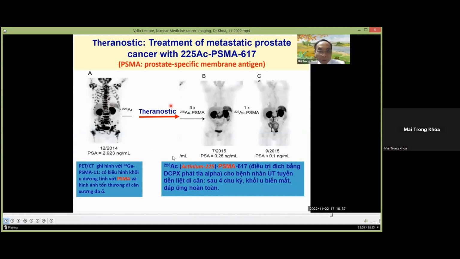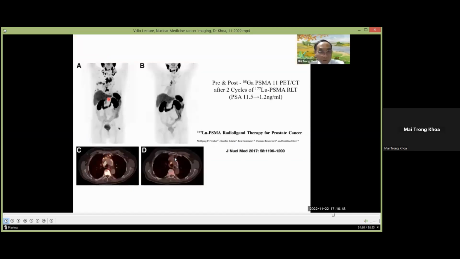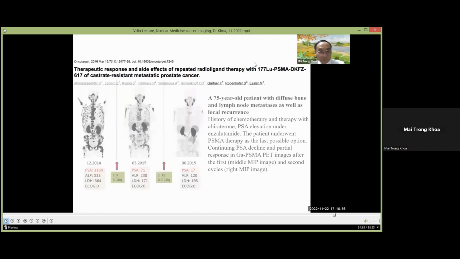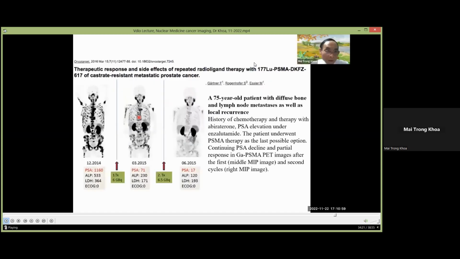You can see here before the treatment and after the treatment, good results. You can see on the negative image. And it's the same for this patient with prostate cancer, before and after the treatment.